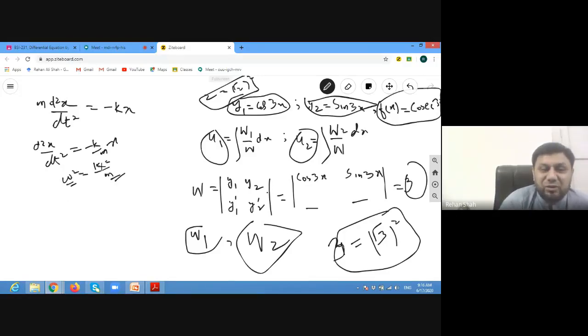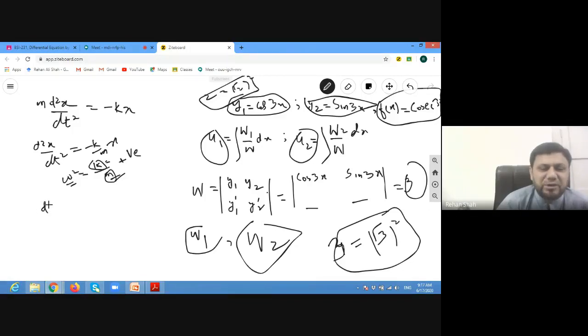So k may be 0 in some materials, but k will never be negative, and mass is also always positive. So if you divide two positive values, it will become positive. So you can take it as omega square.